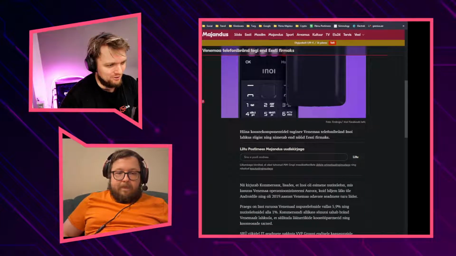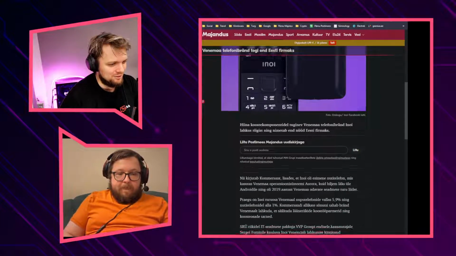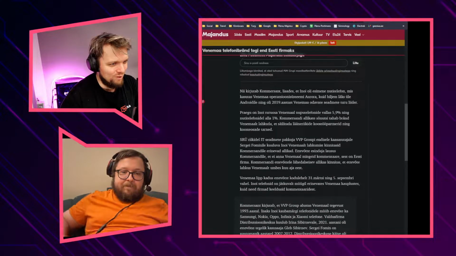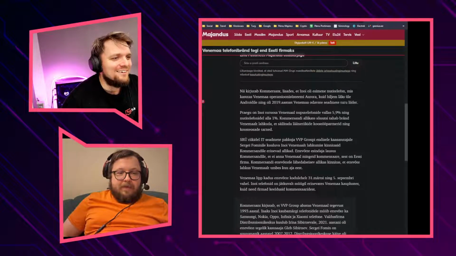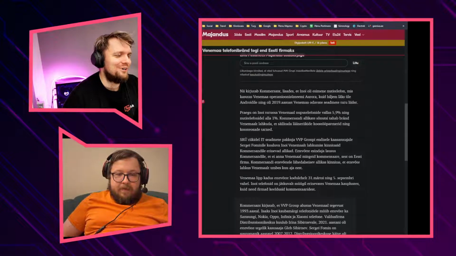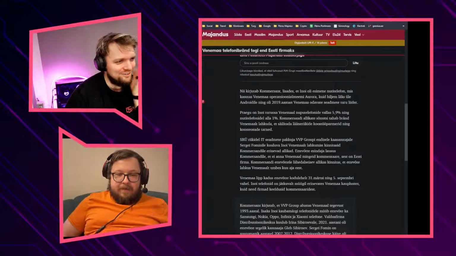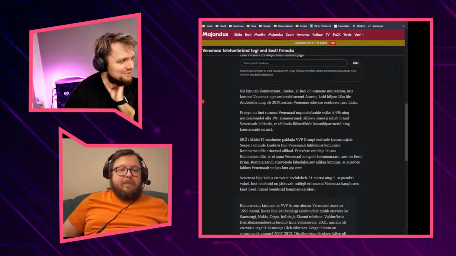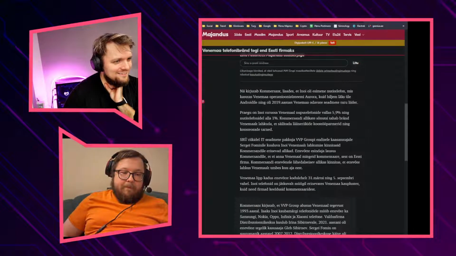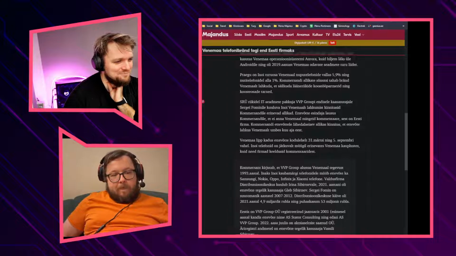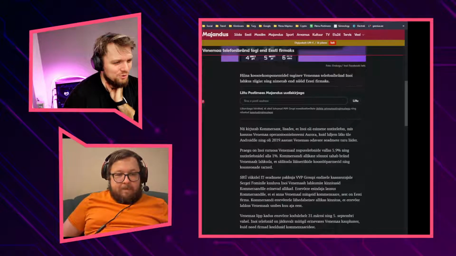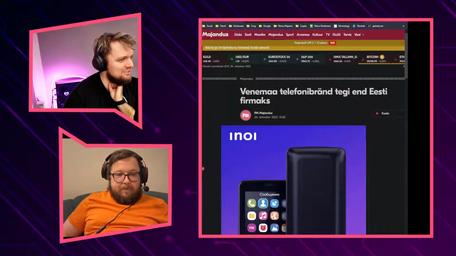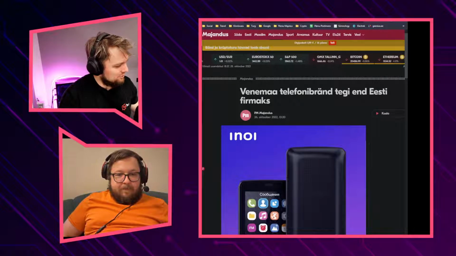So now we're an Estonian company, I guess. Of course. Oh my god, Inoi. Aurora. Okay, they were like, fair enough, we don't need to do this, let's go over to Android, I guess. Oh god. Okay, officially Estonia has its own smartphone brand, I guess.